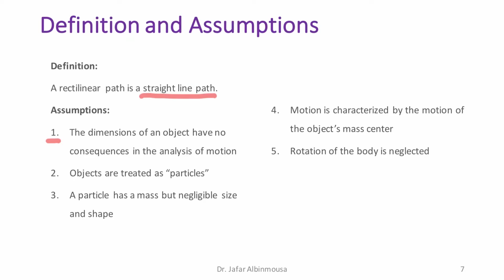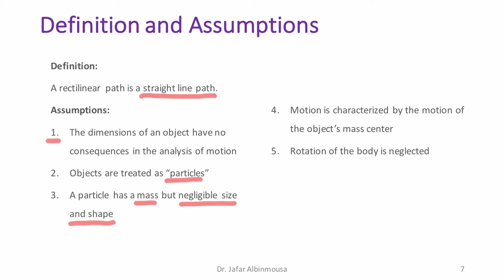The objects are treated as particles, and the word particle is a key word because particles have mass but negligible shape and size. This is why we treat a rocket as a small particle.